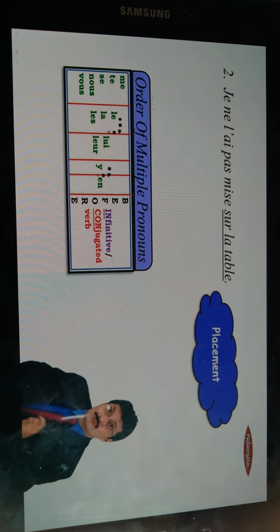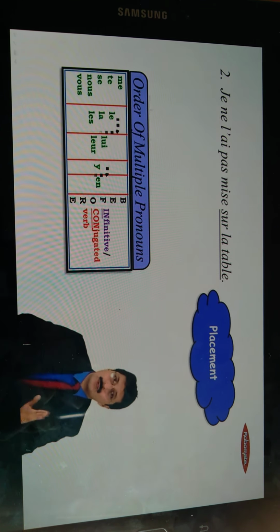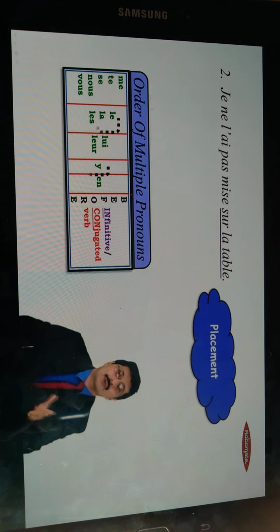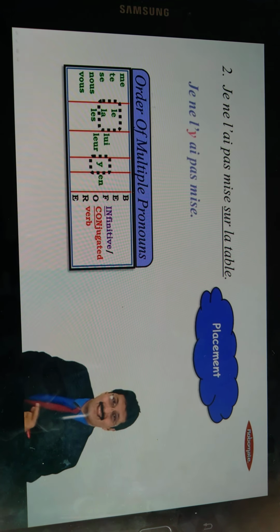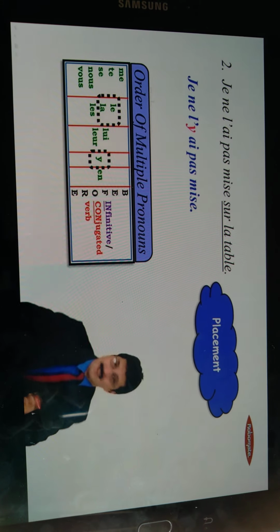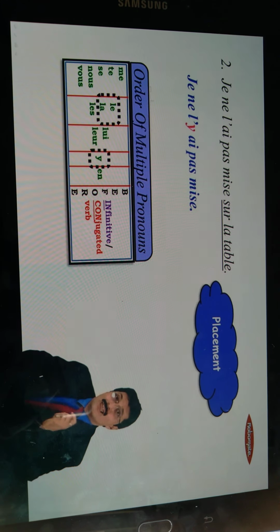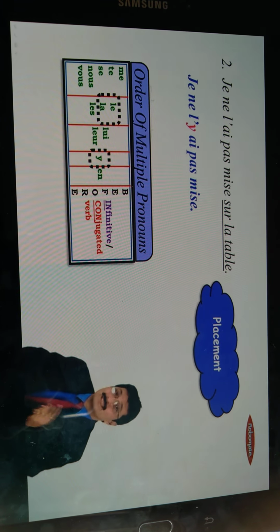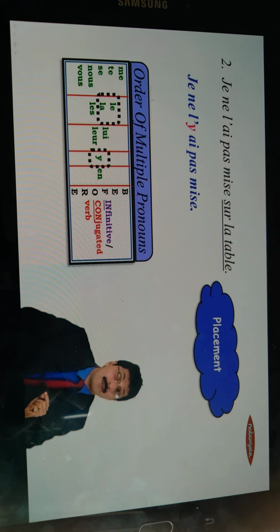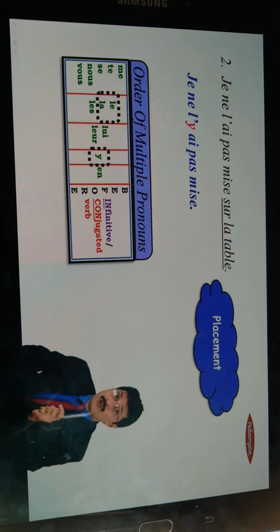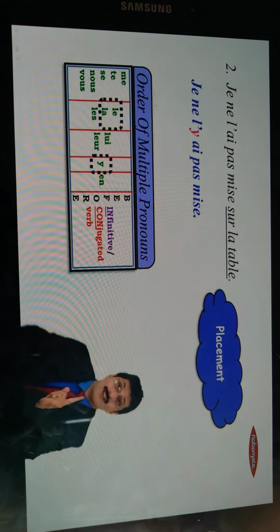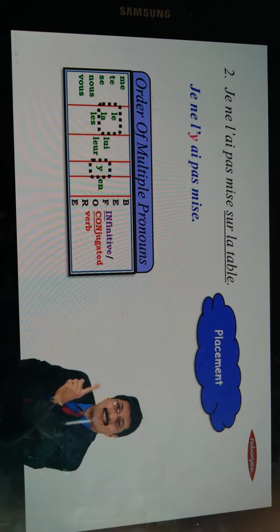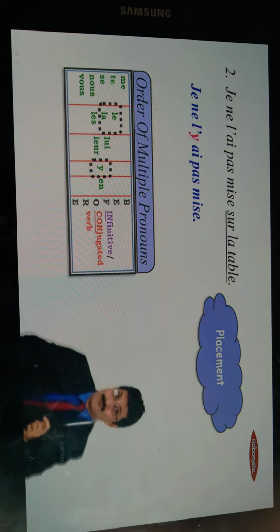So l apostrophe will remain. Both will come immediately before the conjugated verb avoir, ai. And so my correct answer, je ne l'y ai pas mise. That e with mise is because past participle with avoir agrees with the preceding direct object, and that is l apostrophe in the sentence. Fantastic, my friends. Moving on to the third sentence.